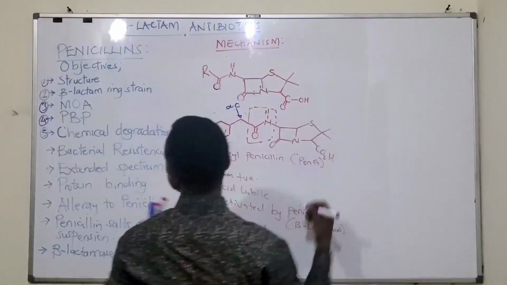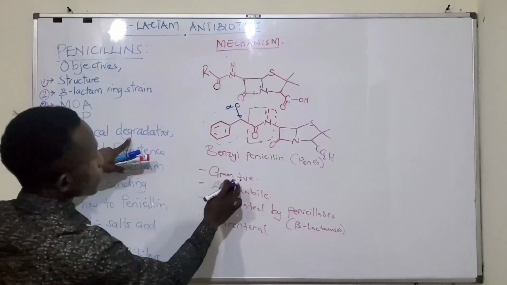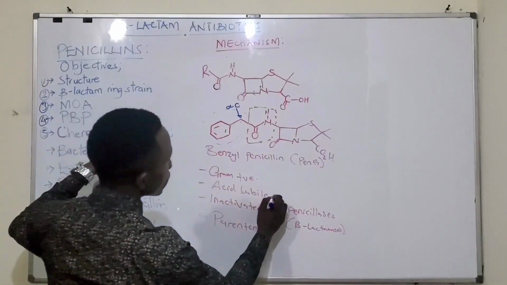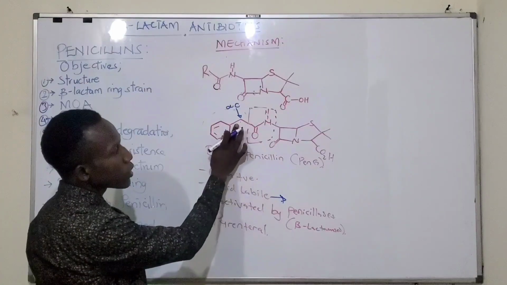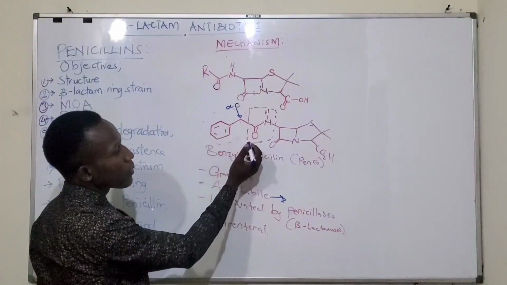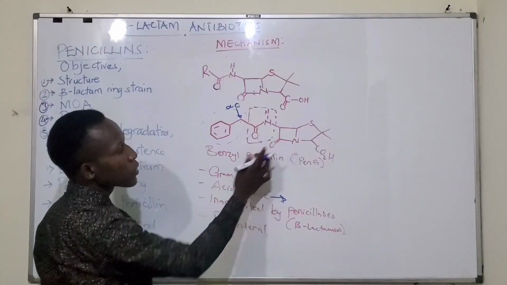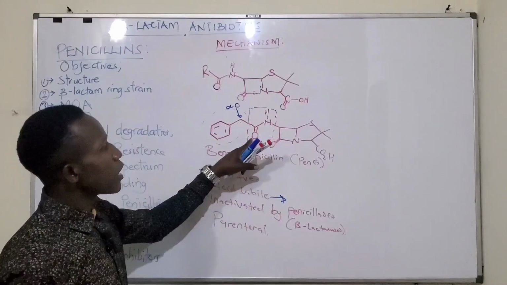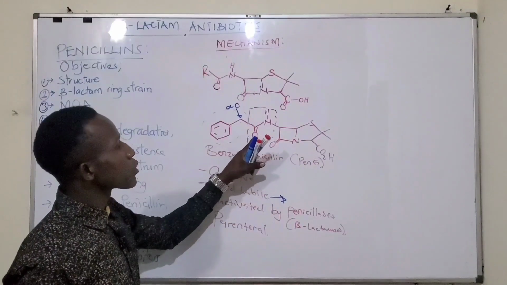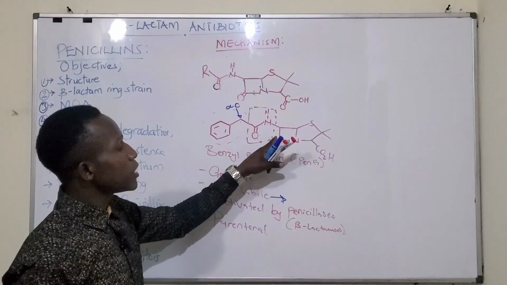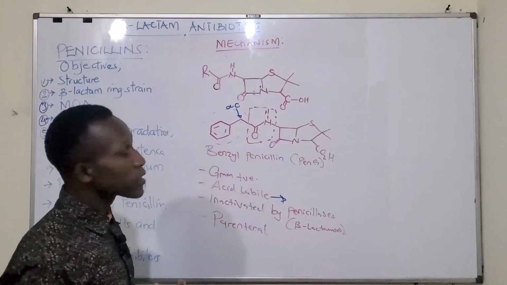So remember, when we talk about chemical degradation, let's begin with this acid lability. If we put an atom which prevents the presence of these electrons here to attack this ring, remember we saw the mechanism that it is the oxygen which attacks this carbon. So if we make these electrons unavailable for attack, we are making this penicillin acid stable.